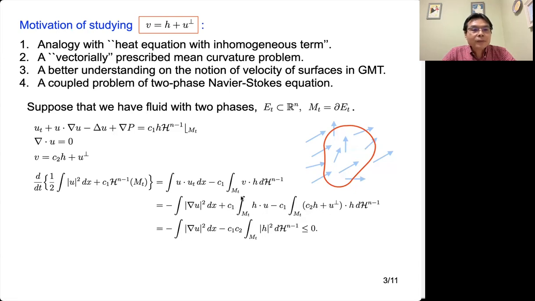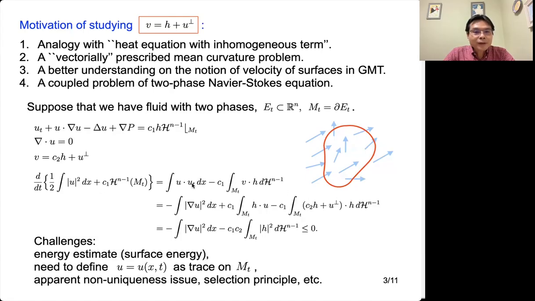So you get this term coming from this, and then the next term comes from this, sorry, the u_t term comes from this, and then you plug in this v, and you get this, and then this H term actually cancels.